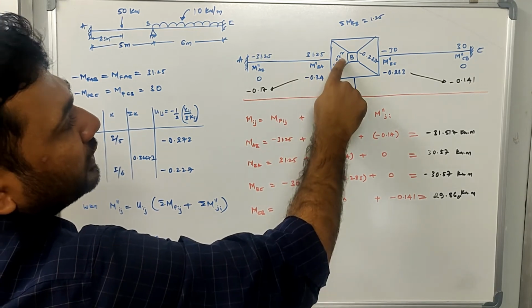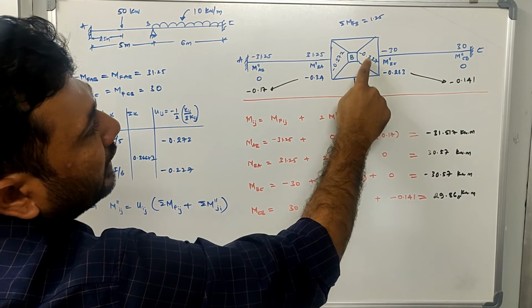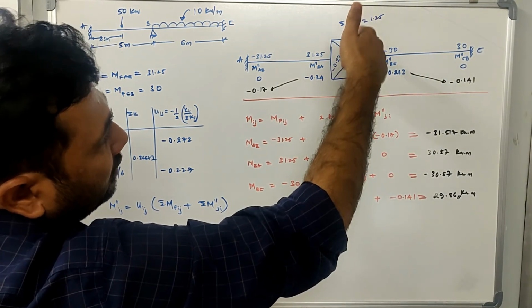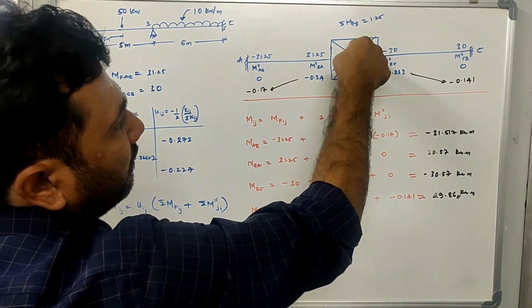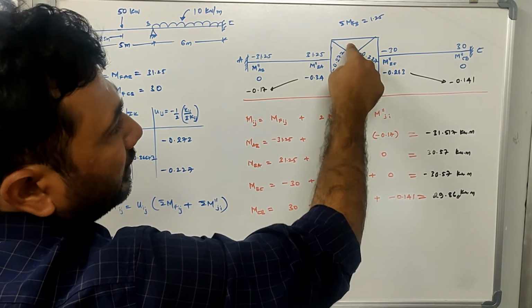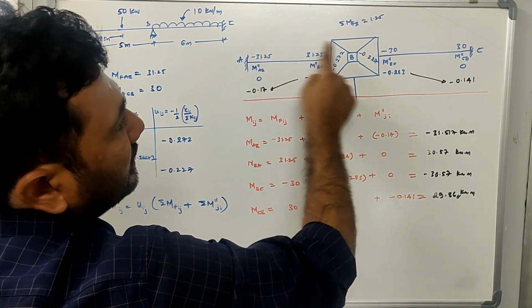For this we can write the rotation factor for BA, here the rotation factor for BC, and here we can write another member if it is connected. You try to understand. As we do not have any member connected in this direction and this direction, these spaces are empty. These spaces are filled because there are members connected on this and this side.